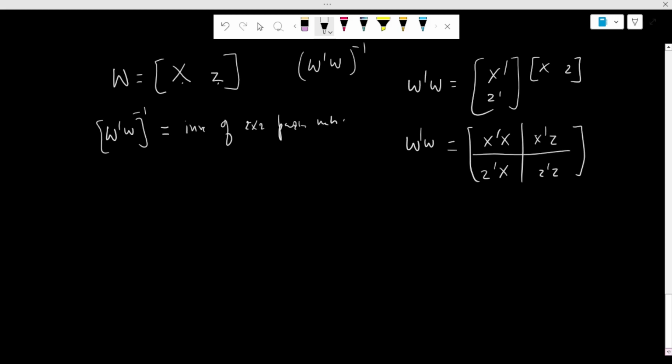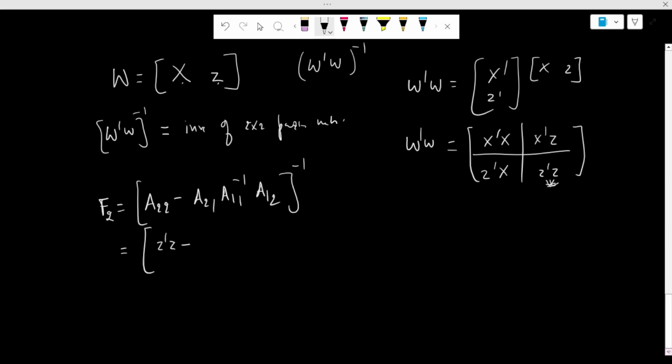For the time being, let us calculate the inverse of this portion, that is A22. Again, A22 is equal to Z transpose Z minus A21, which is Z transpose X, A11, it is X transpose X inverse, and A12, this is equal to X transpose Z, and its inverse.